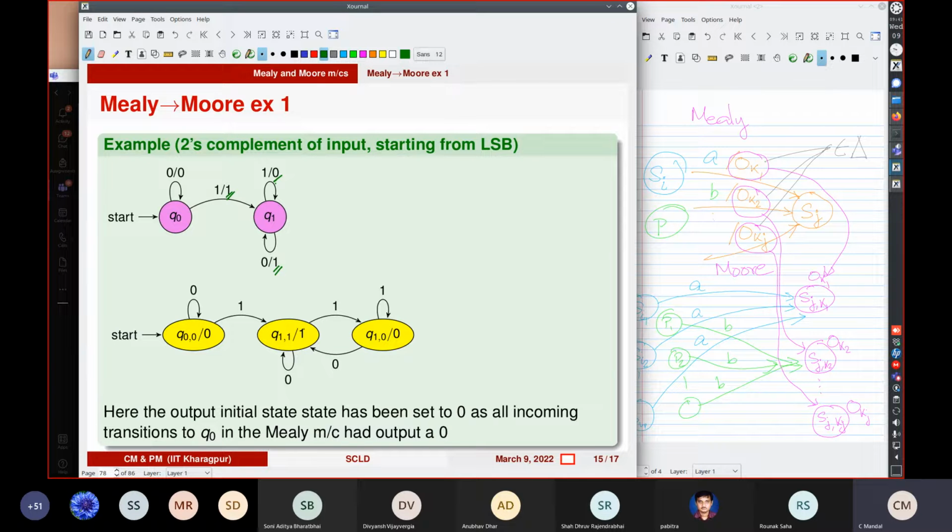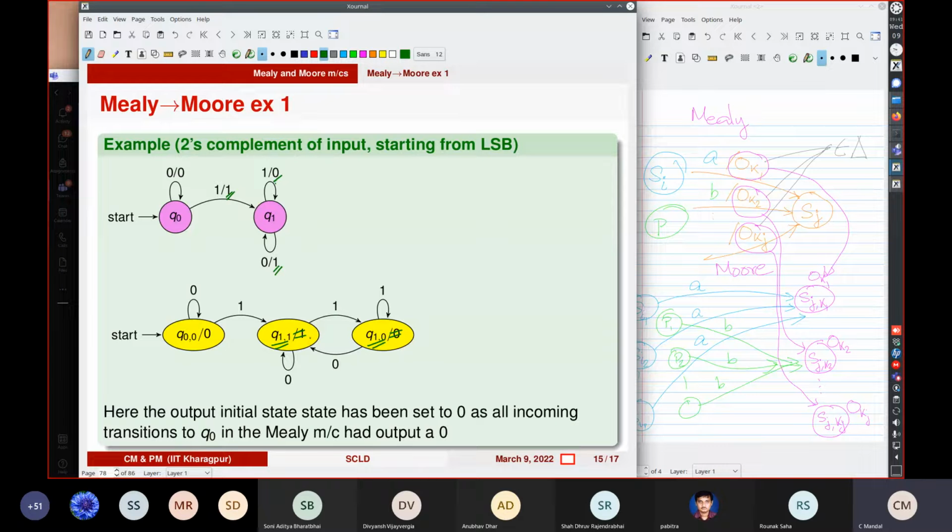So we create 2 states, Q11 and Q10, all right? This is a bit redundant. We don't really need this. It only indicates that the output should be 0. So this need not be here.